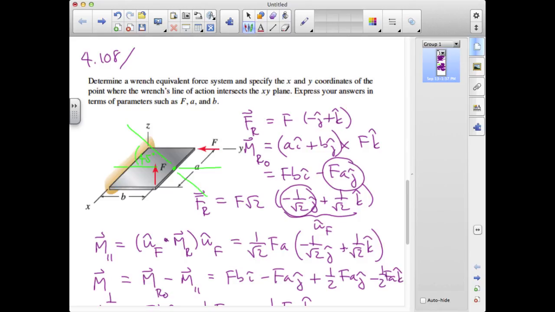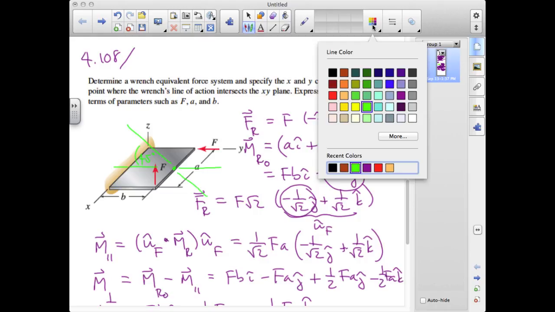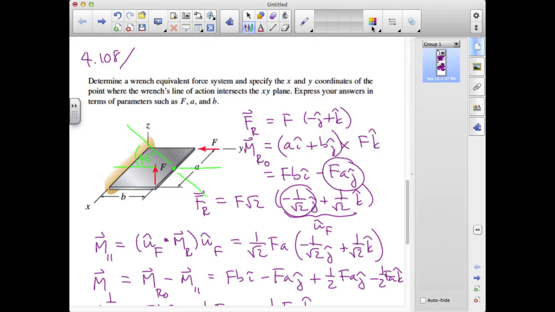So we have a resultant force and a resultant moment pair, and the M parallel part is equal to 1 over root 2 FA.